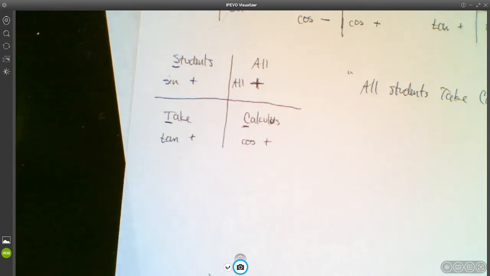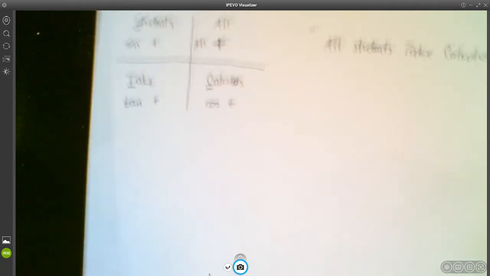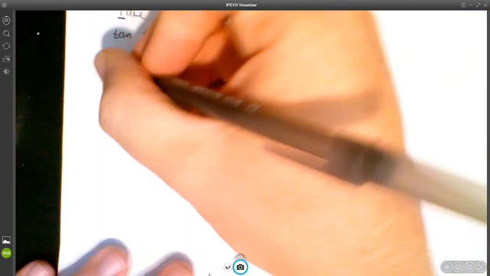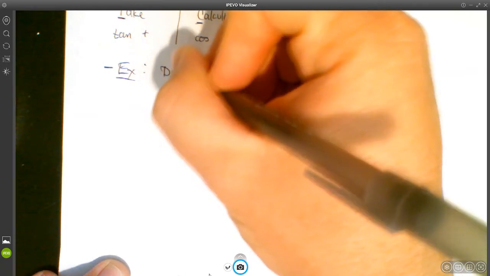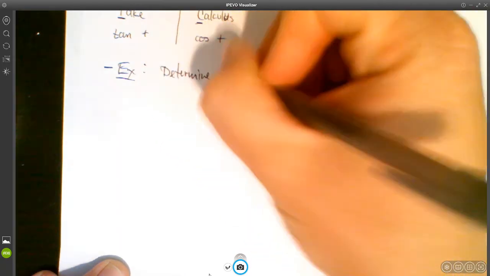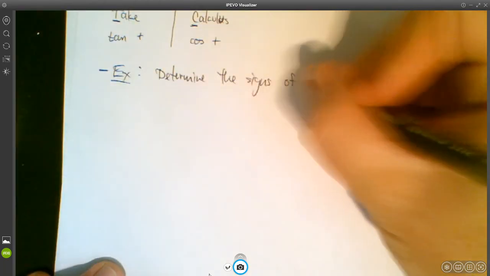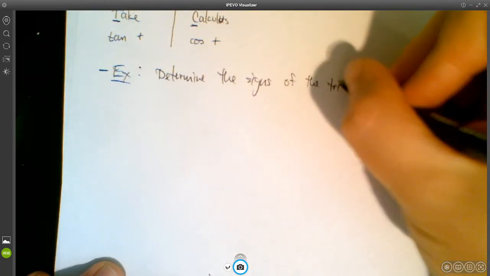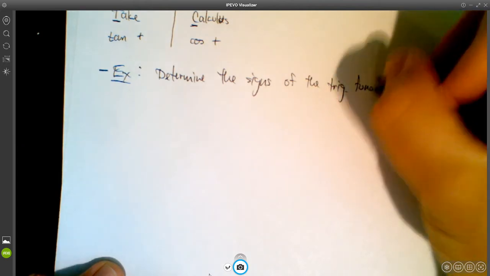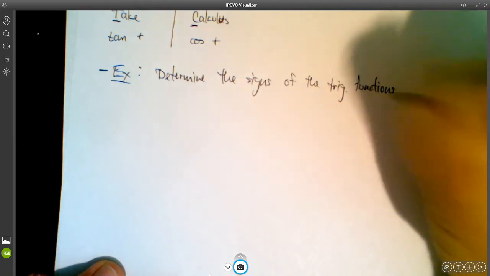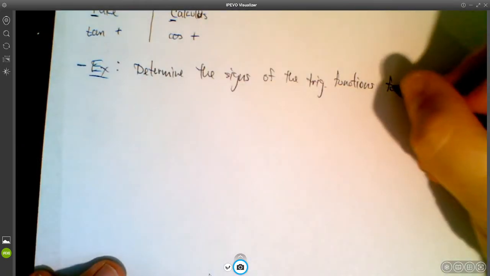So to give an example of this, let's determine the signs of the trig functions for each of the following.